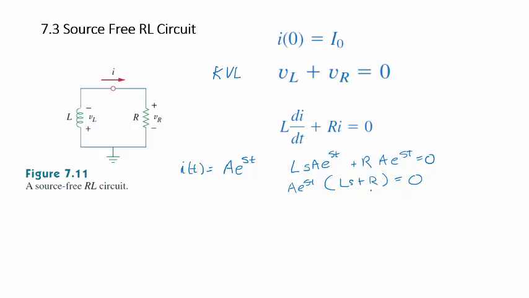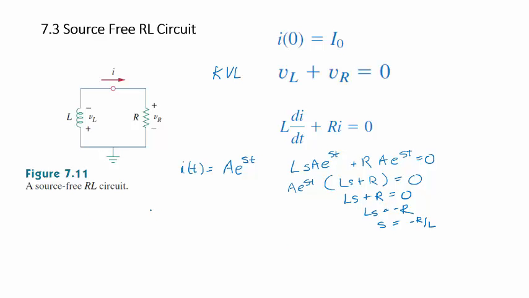So we have two possible solutions, either this term equals 0 or this term equals 0. This one would be trivial because that would mean a equals 0 and nothing is happening in the circuit. So we have Ls plus R equals 0. Therefore, Ls equals minus R, and s equals minus R over L. This is our time constant.